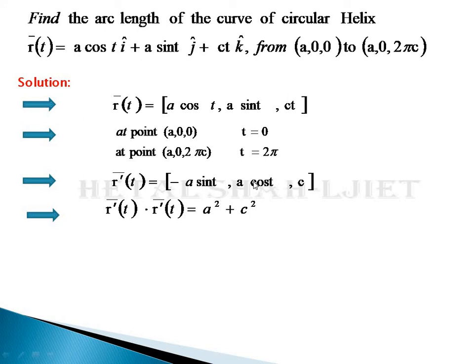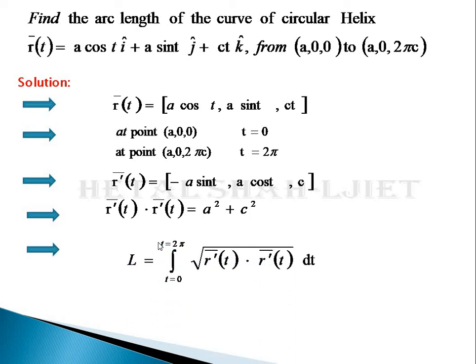Then a square cos square t plus c square. So a square sin square t plus a square cos square t plus c square. Taking a square common from the first and second terms, that is a square in the bracket sin square t plus cos square t, which is 1. So a square plus c square is the dot product, very easy.